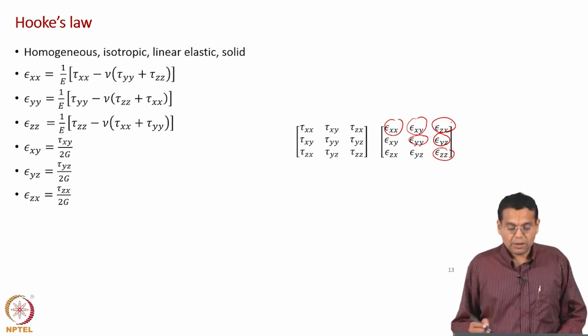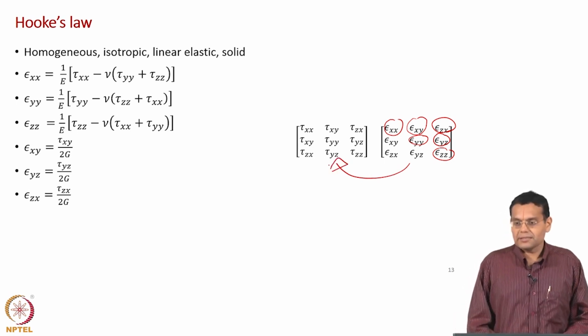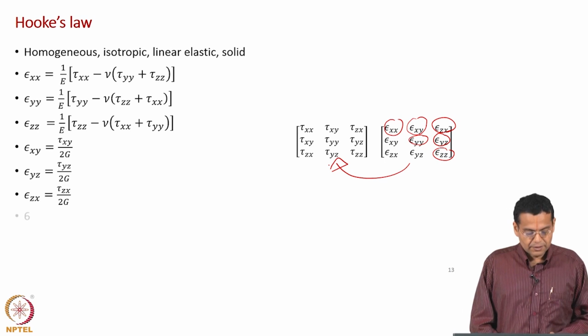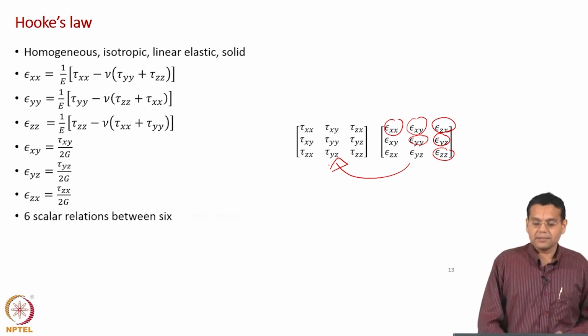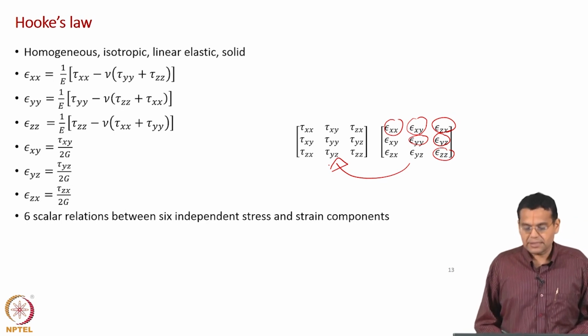How did we write them? We wrote them in terms of the components of the stress tensor. So, 6 scalar relations between 6 independent stress and strain components.